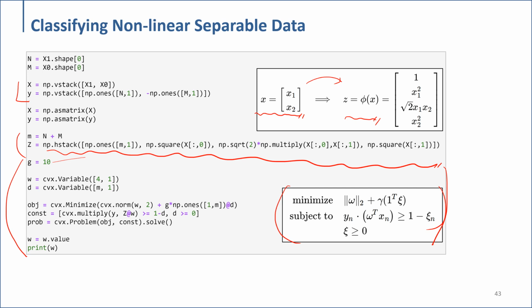So let's define the objective function for the SVM that minimizes both the magnitude of omega and the hyperplane error, subject to this constraint. So let's define the constraint, and let's solve this problem.